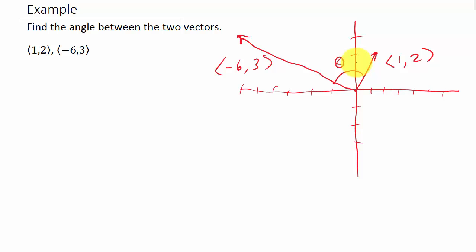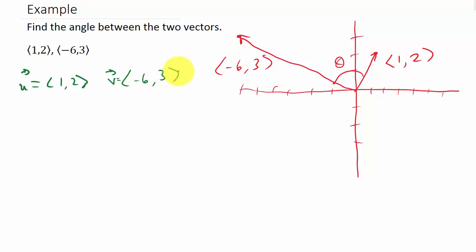Okay, so remember from our formula, I'm going to represent vector u as vector 1, 2, and vector v with negative 6, 3.